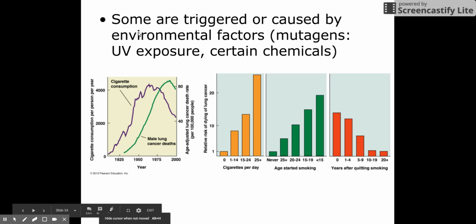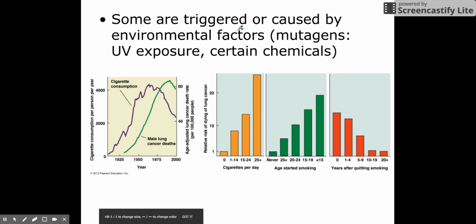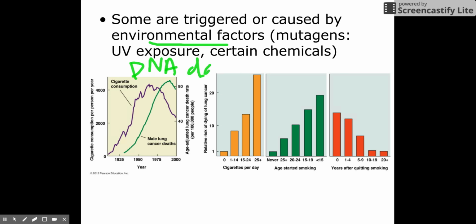which is why lifestyle choices are so important, because some genetic mutations are going to be caused by environmental factors. UV exposure, getting too many sunburns, can cause DNA damage. DNA damage results in mutations.